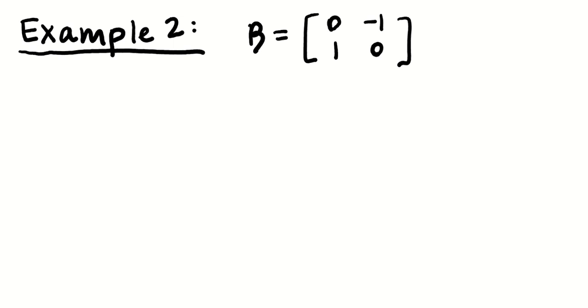All right, now I want to talk about another thing that can happen when we're doing this. Suppose we have a matrix B, which is 0, 1, negative 1, 0. And this is a rotation matrix. And what we'll find is that a rotation matrix can't scale anything up and down, right? Because it's moving everything.